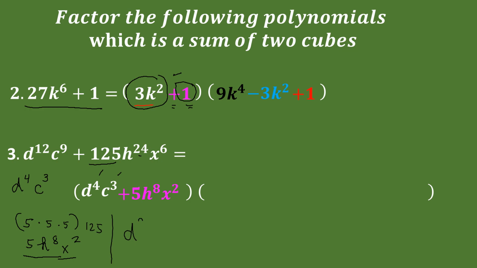Because we are squaring, that means d to the 8 and c to the power of 6. What do we mean by squaring this? Squaring d to the 4 and c to the power of 3. So the square of our first term in the binomial set is our first term in our trinomial: d to the 8 and c to the 6.